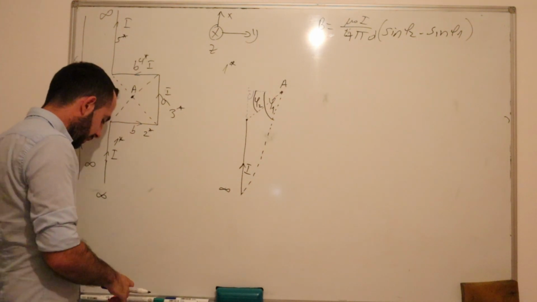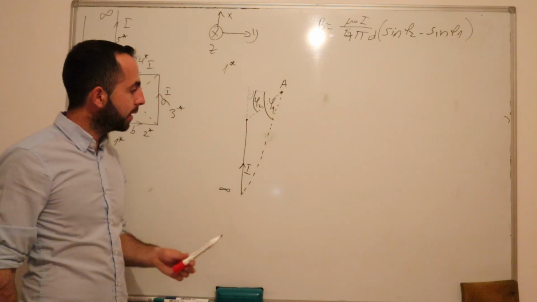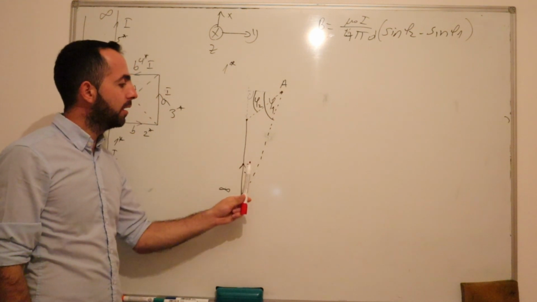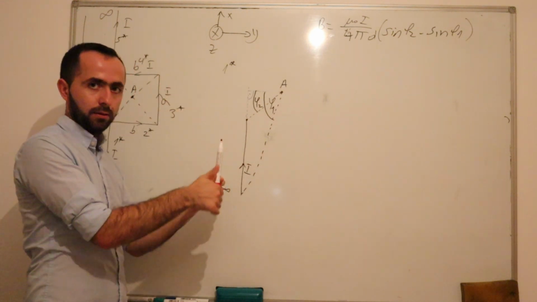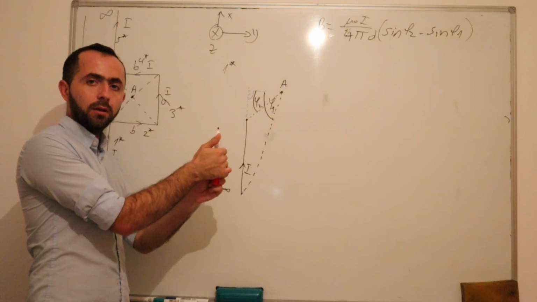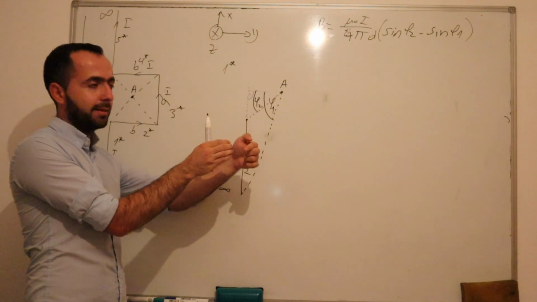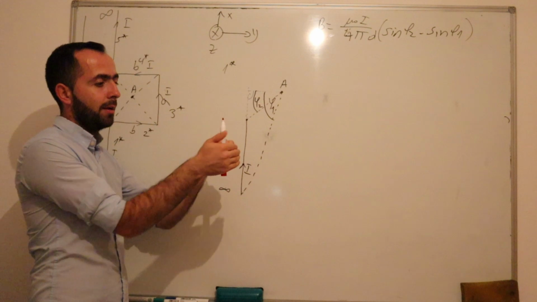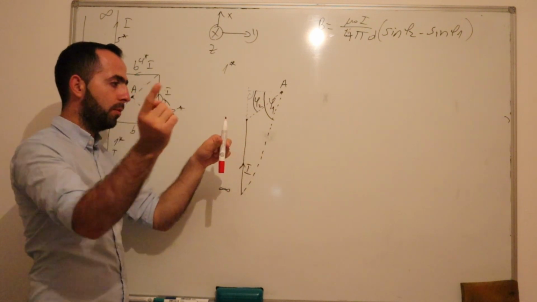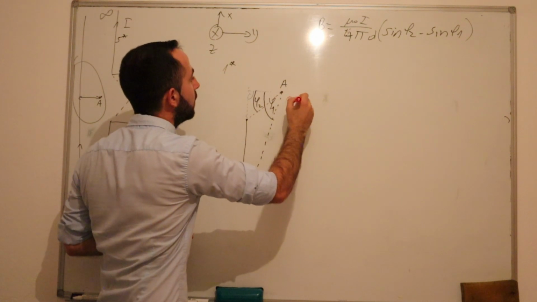Next, what we need to determine is the magnetic field direction. Okay, we have our conductor with the current in this direction. We use the right hand rule, we close our fingers, and we can see that on this side where we need to calculate it, the magnetic field goes from you to the table. So it has this direction.